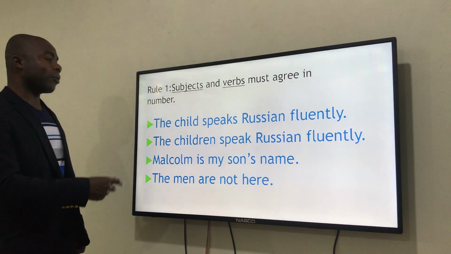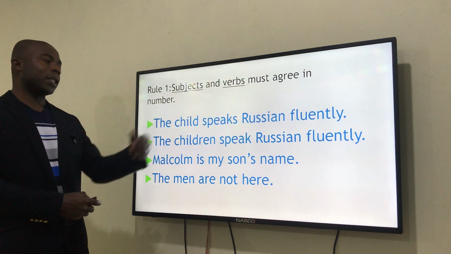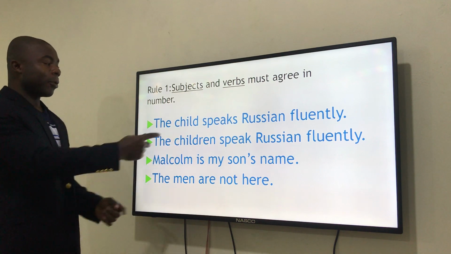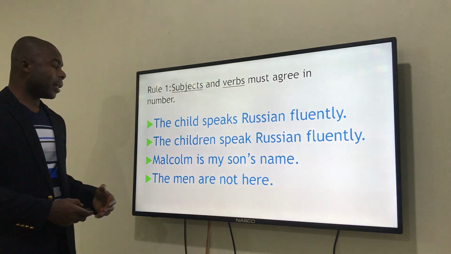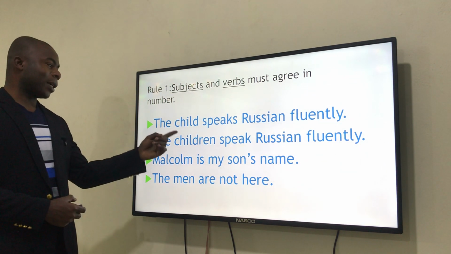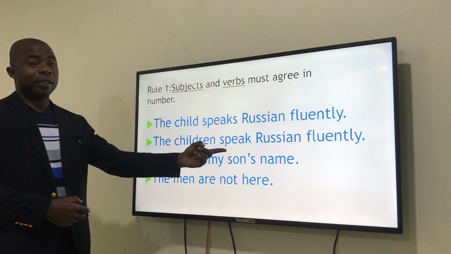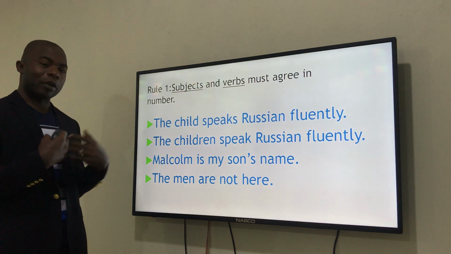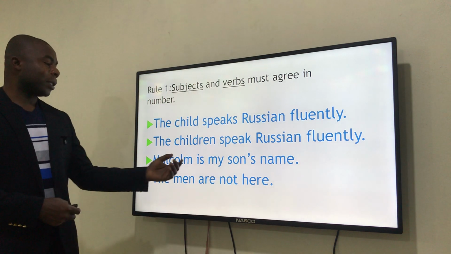So the child speaks Russian fluently. So the child is the subject, what the statement is about, and the verb is speaks. So it agrees with the number of the child, singular. On the other hand, you see, the children speak Russian fluently. Of course, child is singular, but children, plural. So the verb goes speak, and they agree. So there's nothing wrong. That coordination or agreement is there. Now, Malcolm is my son's name.